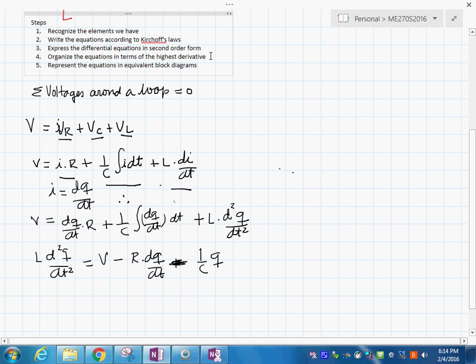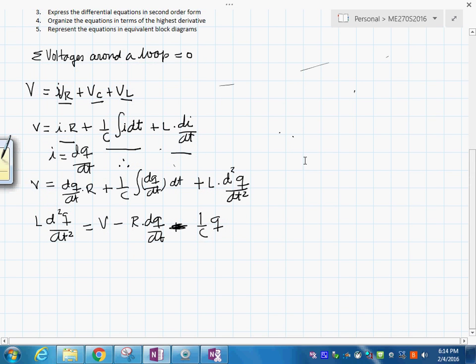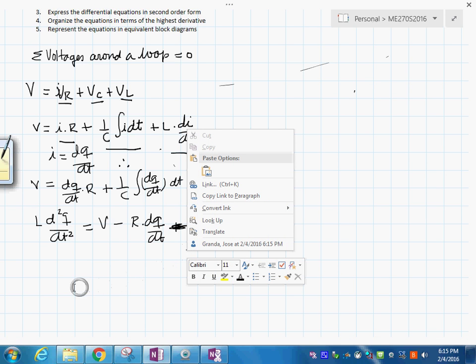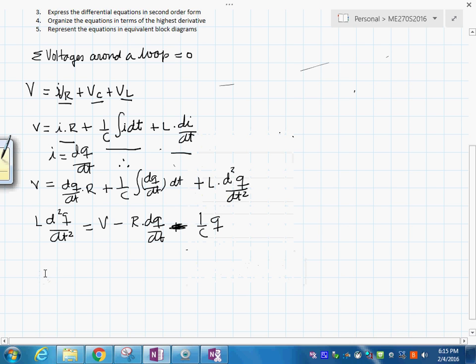It means that in here you're going to have a summation point, and we are going to represent that in a graphical form.